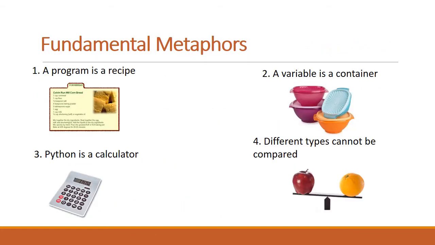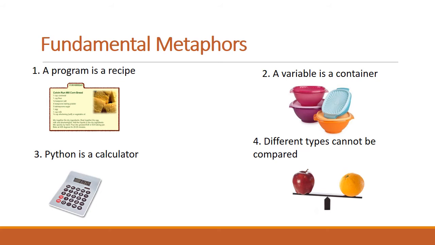As we develop our Python programs, we always want to think about it in terms of input, process, output. And we can look at it through four fundamental metaphors. Our Python program we can think of as a recipe, instructions for solving a specific problem.